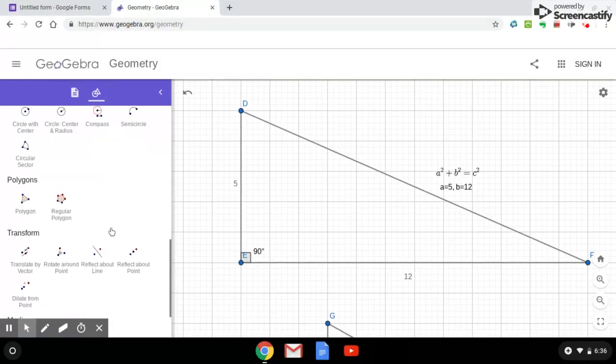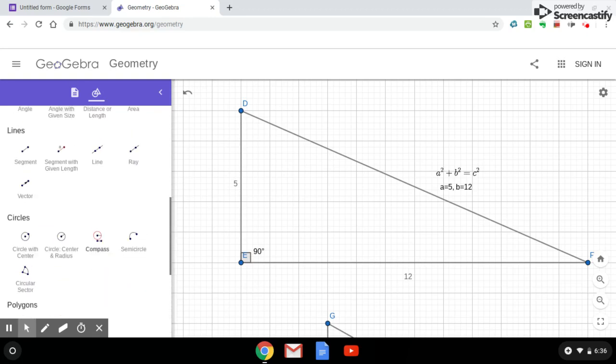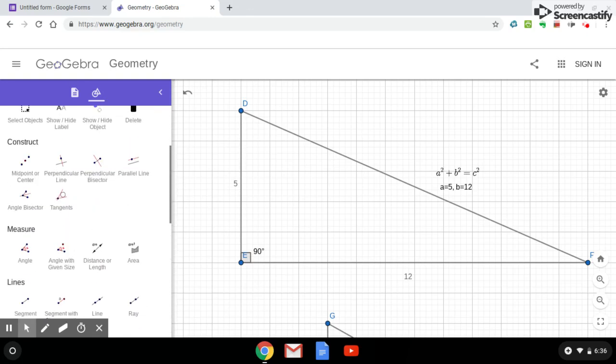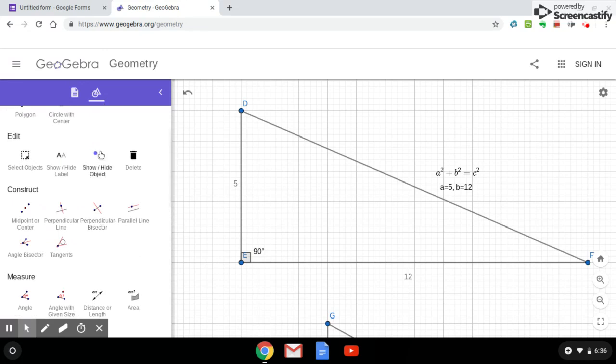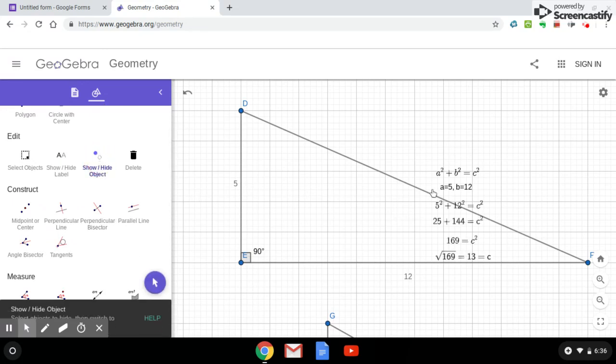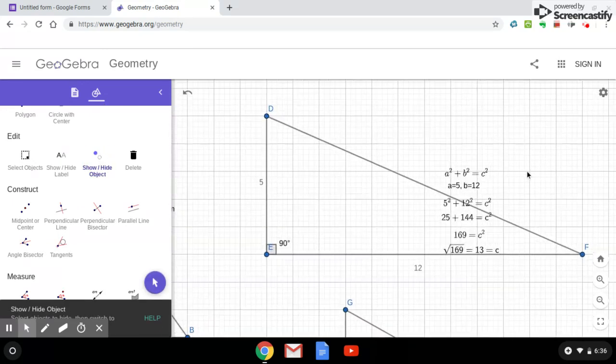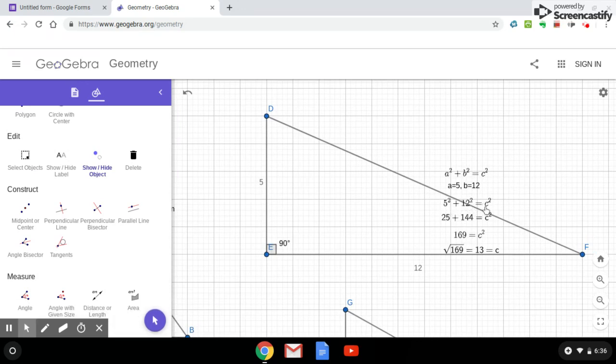So if we were to write this out, it would look like this. We have our 5 squared plus our 12 squared, which is our C squared, and 25 plus 144, which equals C squared, and 169 equals our C squared.